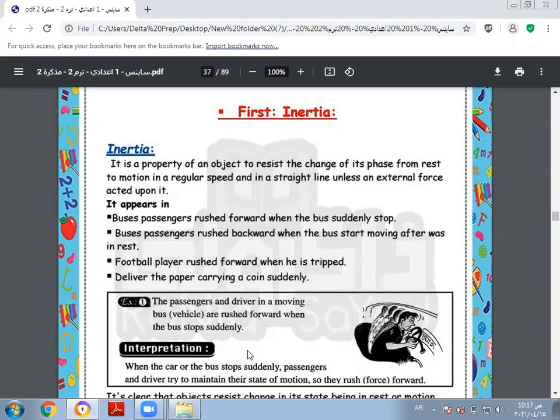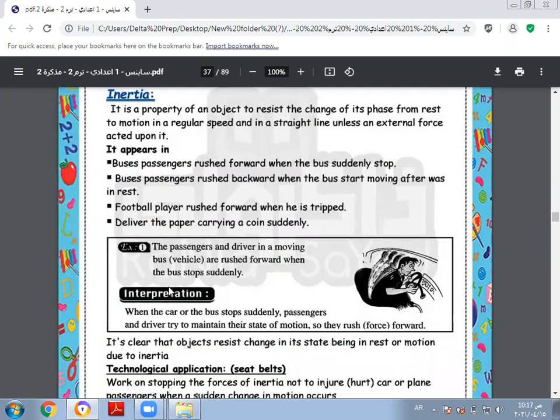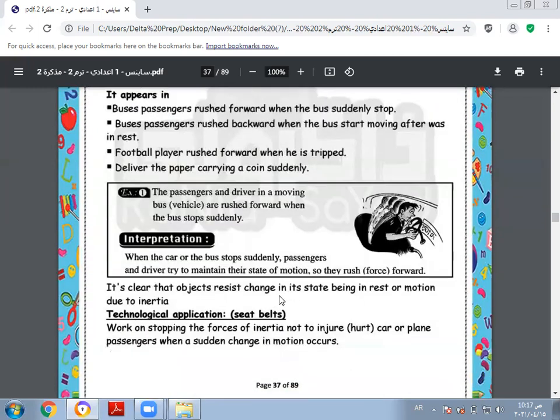As we can see here, the passenger and the driver in a moving bus are rushed forward when the bus stops suddenly. When the car or the bus stops suddenly, the passenger and the driver try to maintain their state of motion, so they rush forward from the state of motion to the state of rest.